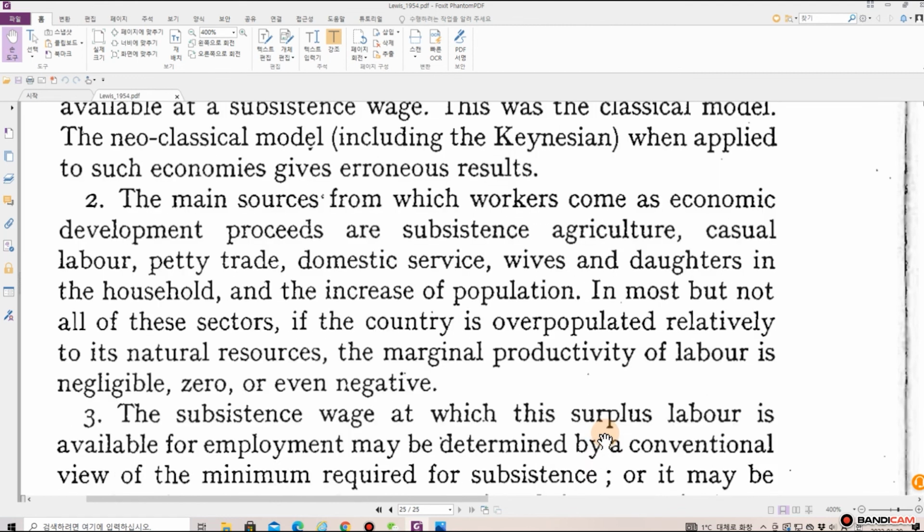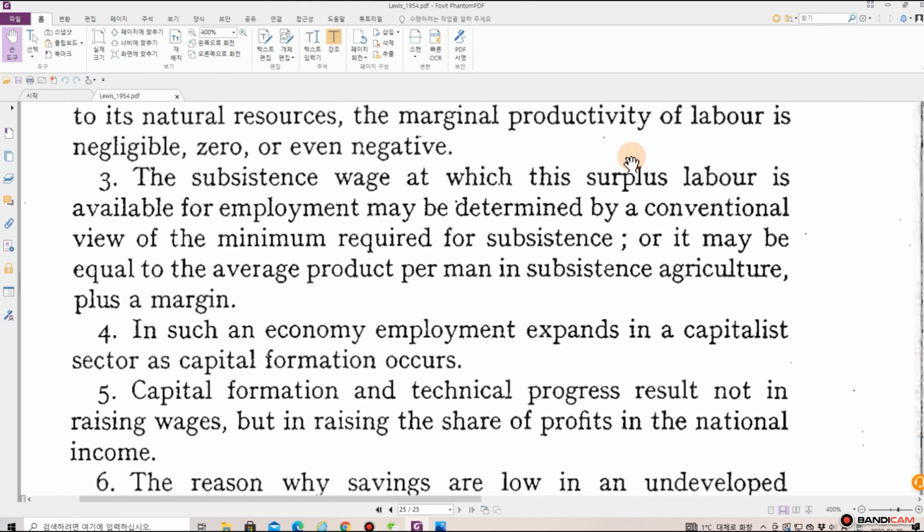2. The main sources from which workers come as economic development proceeds are subsistence agriculture, casual labor, petty trade, domestic service, wives and daughters in the household, and the increase of population. In most, but not all of these sectors, if the country is overpopulated relatively to its natural resources, the marginal productivity of labor is negligible, zero, or even negative. 3.